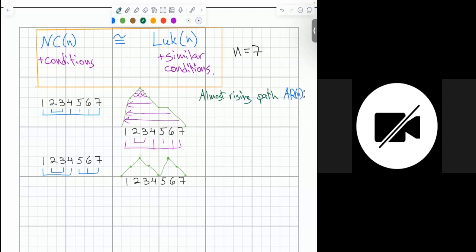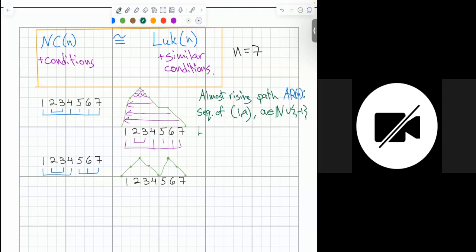And these paths are sequences of steps of the form (1, a), where a is a natural number, including 0, or -1. Okay, so it can be any positive number, or 0 or -1. And you can see that these are such paths.